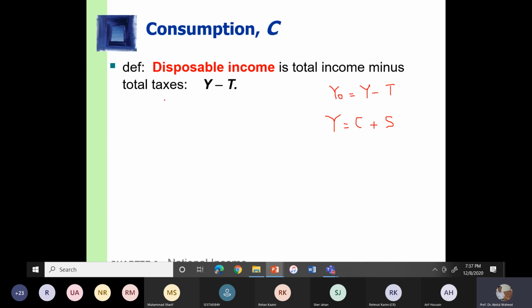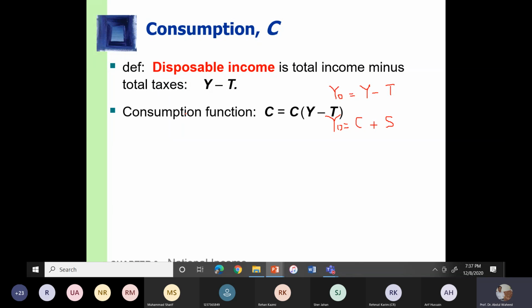Because the income going to tax is not available for consumption. Out of the income, whatever is left over after tax is your disposable income, which is available for consumption and saving.